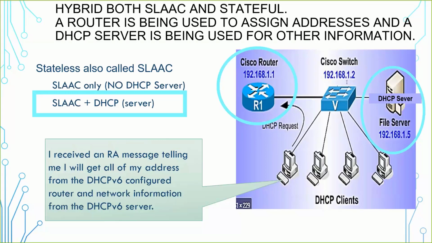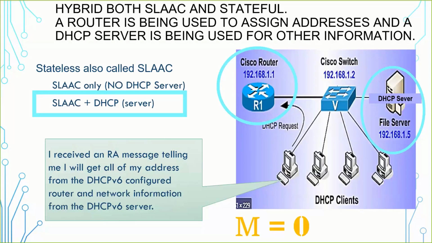Really, that's pretty much it, right? If I'm running SLAAC, the router is managing everything. It's managing the storage of the information. If I'm doing this hybrid where I'm doing SLAAC and DHCP, I'm splitting up the job, but the main job of address assignment stays with the router. Everything else goes to the DHCP server.